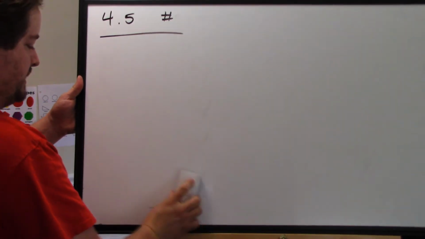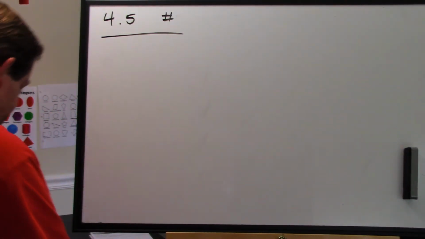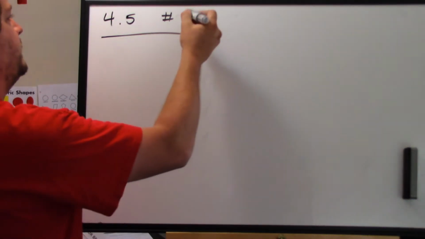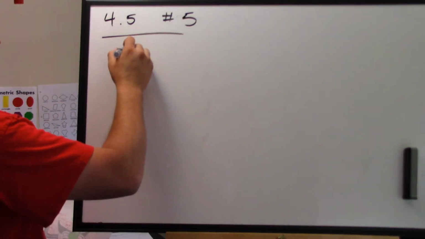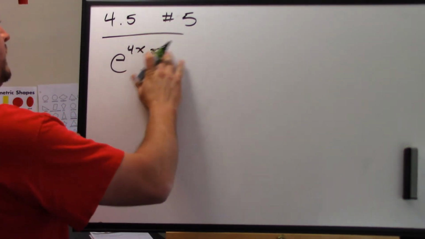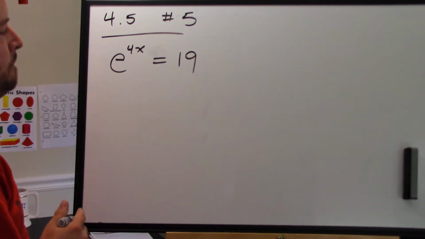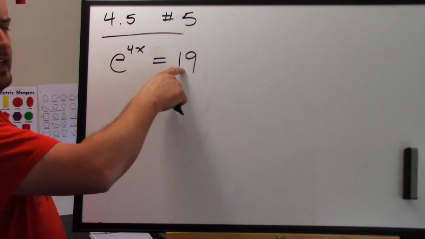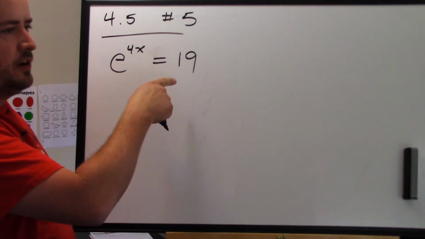So let's move on. Let's take a look at number 5. What happens when we get this e thrown in there? e to the 4x equals 19, for example. I don't know what 19 is as a power of e, so I have to rewrite this as a logarithm.